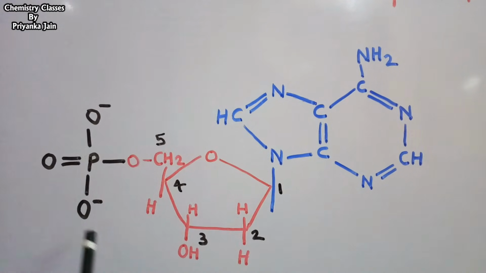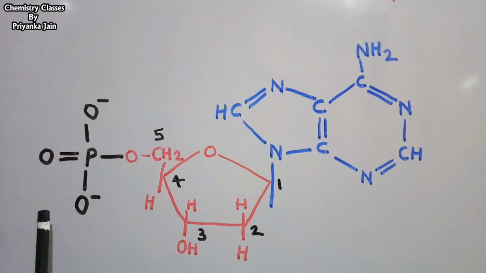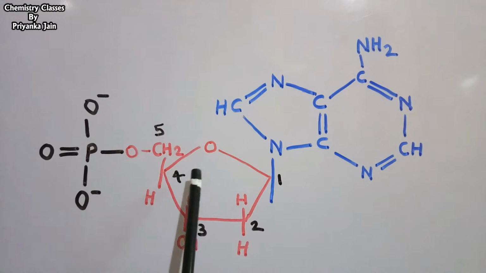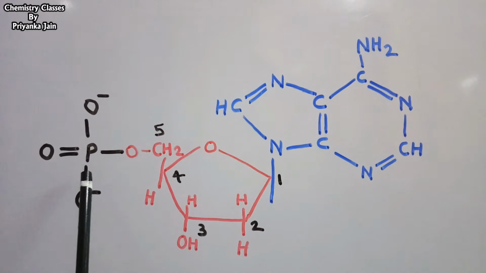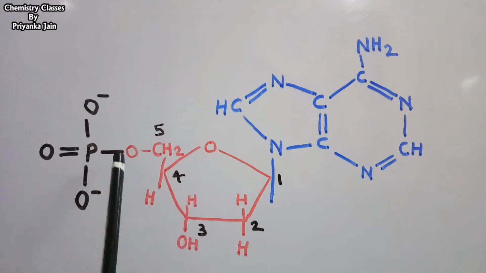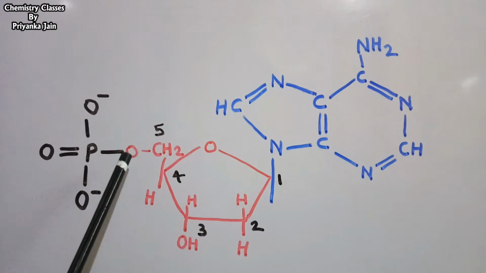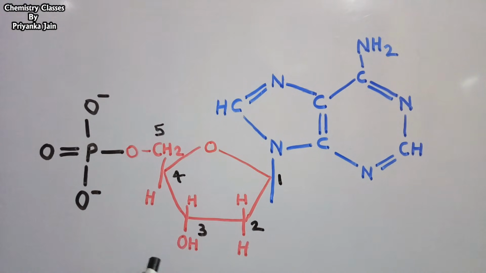As a result, the complete unit is known as the nucleotide. So in a nucleotide there is a base, a sugar and a phosphoric acid group. The base is attached at the C1 carbon atom of the sugar, while the phosphate group is attached at the C5 carbon atom. This is especially the adenosine phosphate, and there are four different bases. So there are four different nucleotides, and their particular arrangement gives a specific character to the nucleic acid.